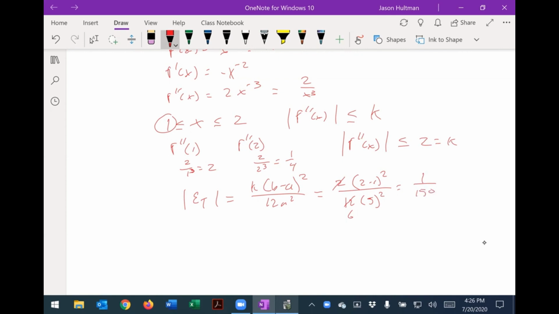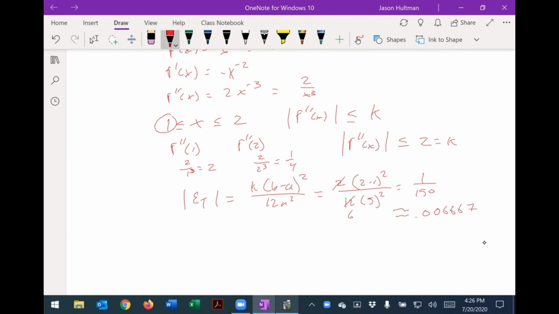So this becomes 1 over 150, which is approximately 0.00667.